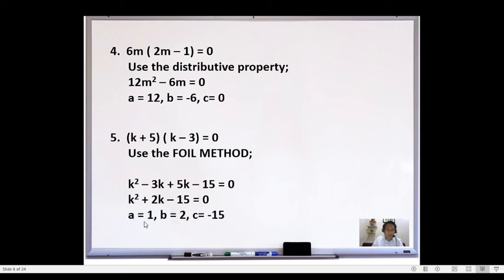The value of a now is 1, b is 2, and the value for c is equal to negative 15. So that is how we are going to transform the quadratic equation into standard form and identify the value for a, b, and c.